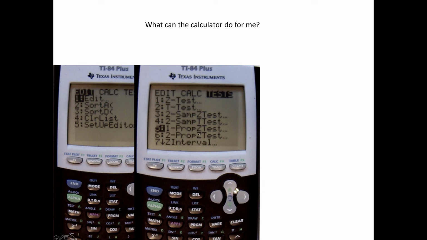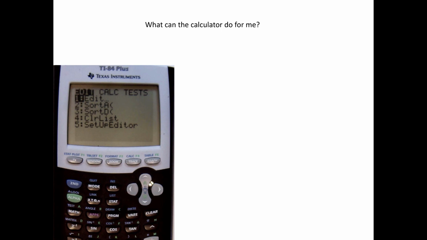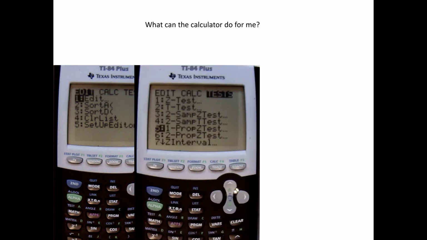And as you can see, it's got the different tests for the different chapters 8, 9, 10, 11. They're all here in this list. But right now we would use this for section 8.1, and then 8.2 is also about proportions.